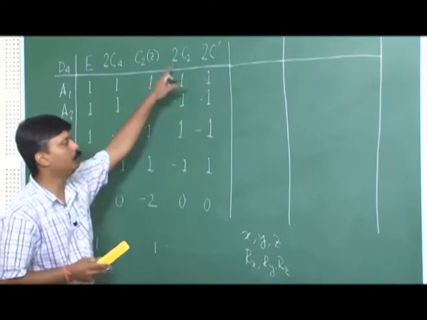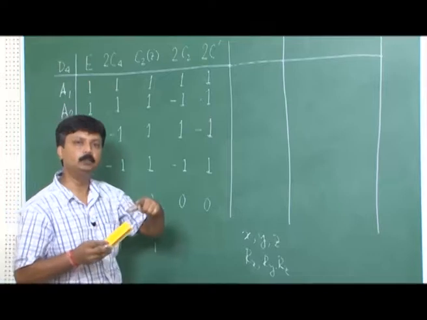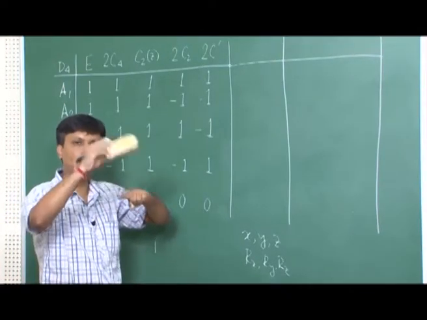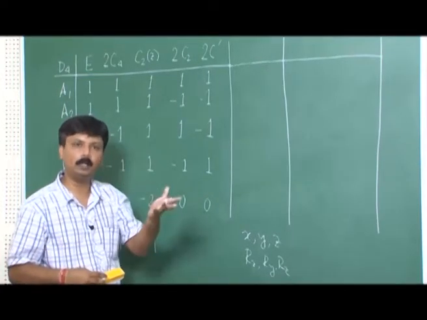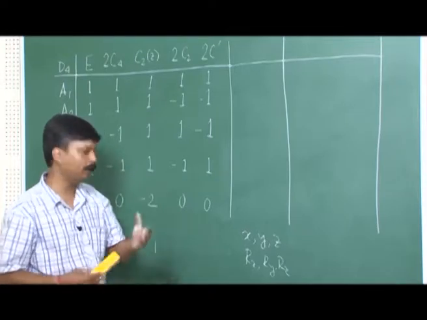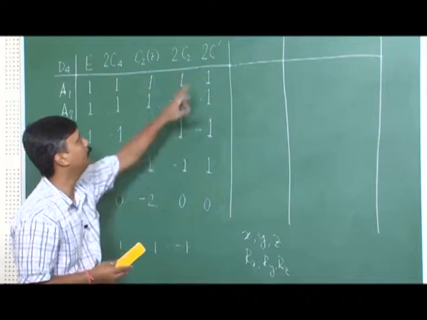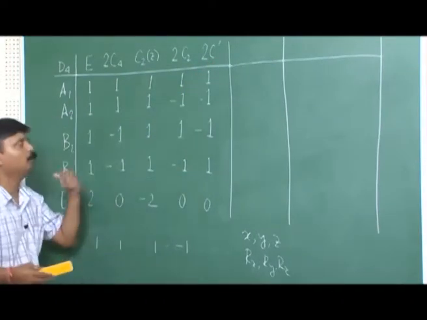Now for C2x, suppose, what will C2x do? C2x will change z to minus z, correct? So will be done by C2y. So that will give you a minus 1 as character. So this is minus 1, and C2 prime, okay, what will that do?